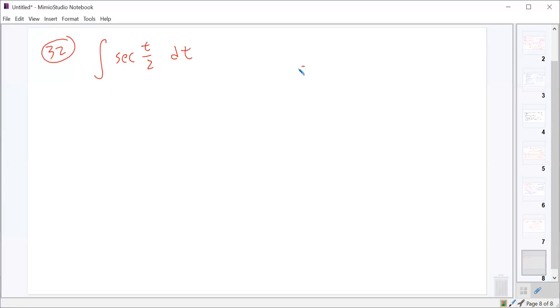But I'll tell you right now that the integral of secant x is natural log absolute value of secant x plus tangent x. For those of you taking Math 150 and 151 next year, you're going to need to know that integral eventually. And so this then just becomes a u substitution where u is equal to t over 2.